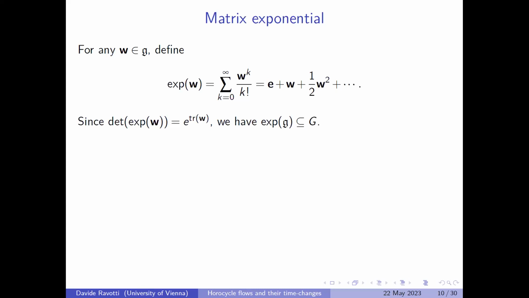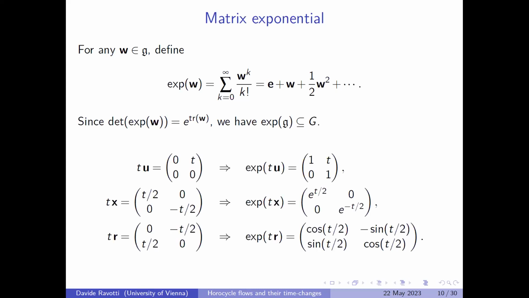This means that anytime I take an element in the tangent space at the identity and compute the exponential, I end up with an element in SL2R. So, some examples again. Recall U was the matrix 0, 1, 0, 0. Let us now take T times U, where T is any real number. I get the matrix 0, T, 0, 0.